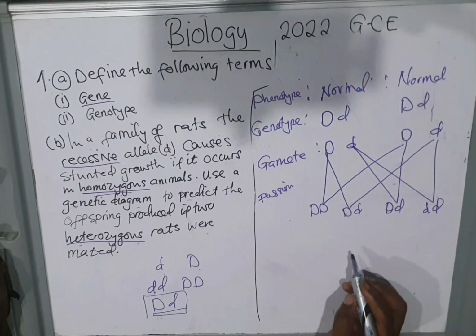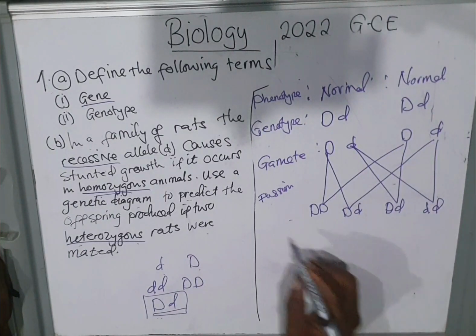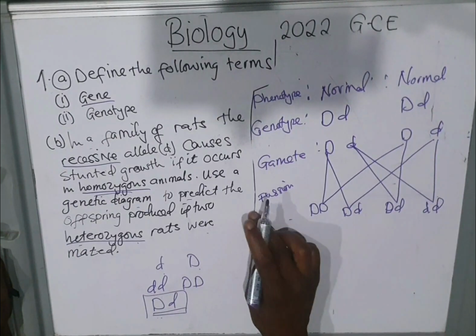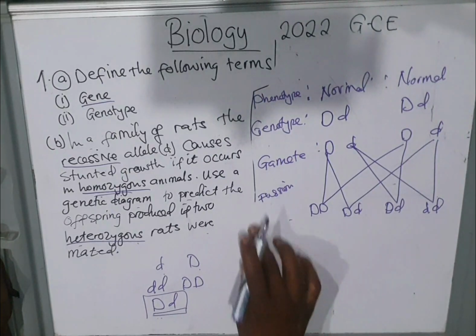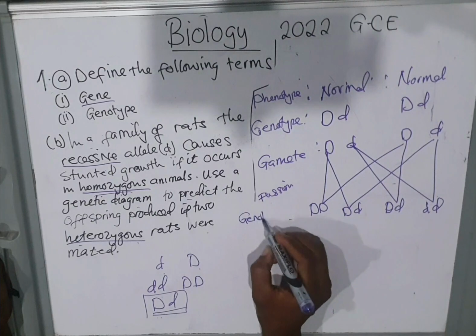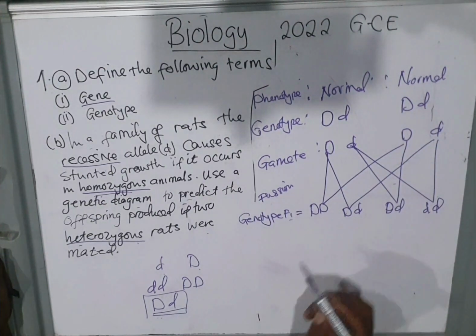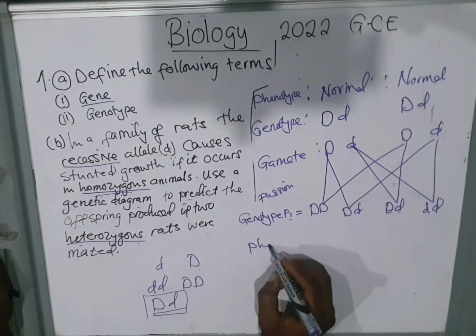These results here are called the genotype of the F1 generation. Genotype for F1 generation.